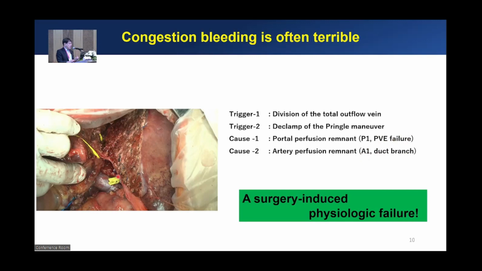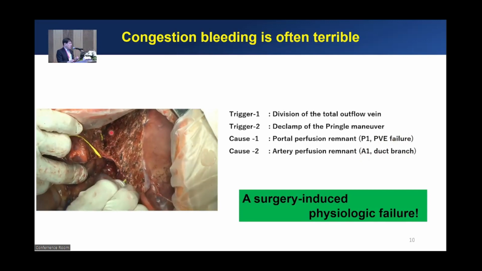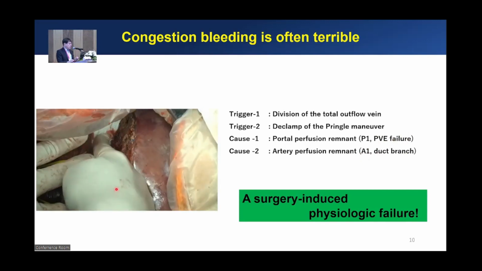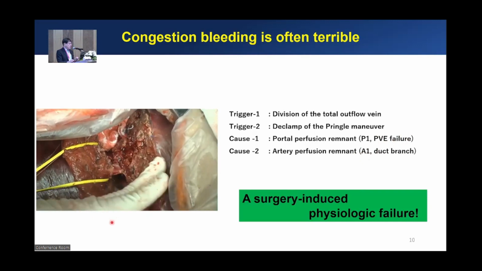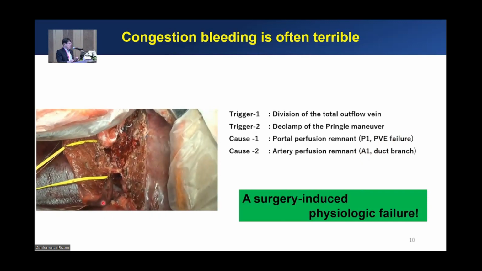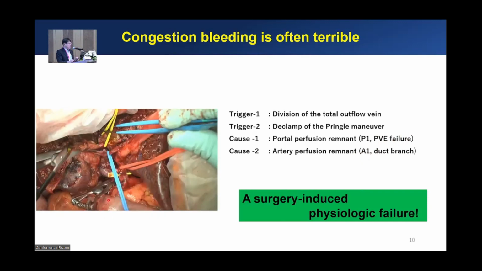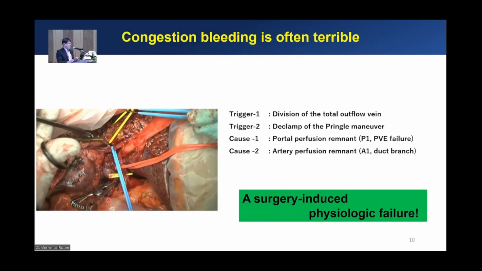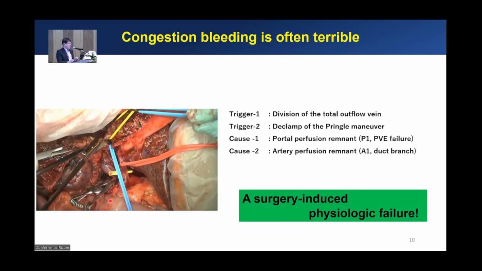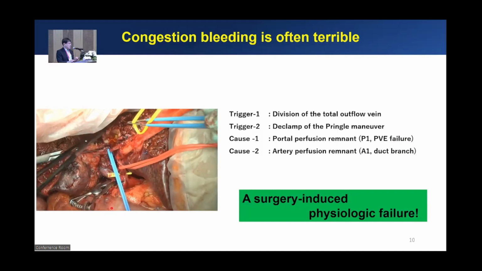So this is a right trisectionectomy case. The clamp this and divides this.